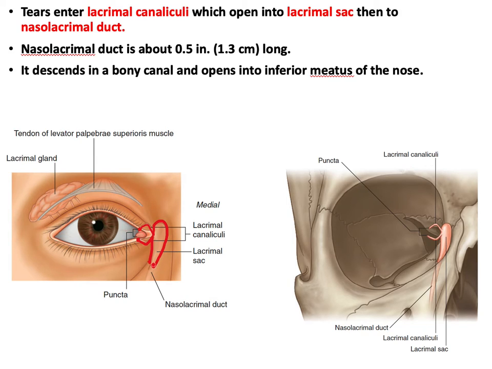Now from the lacrimal sac it drains into the nasolacrimal duct. So this duct, you see here, is short, about 1.3 centimeters, right? And it opens into the inferior meatus of the nose.